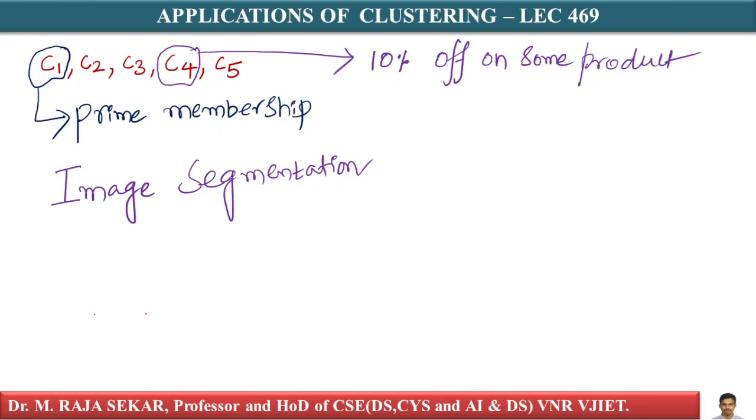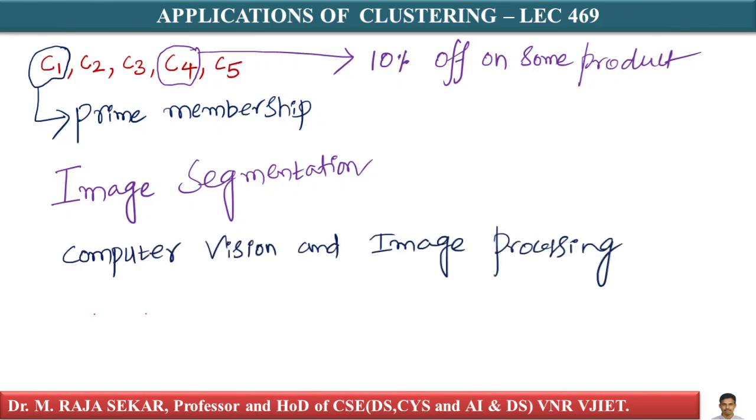This is a problem of computer vision and image processing, where clustering is used extensively. Computer vision is the area of computer science which tries to mimic the human visual system, so it has a lot of overlap with machine learning itself.